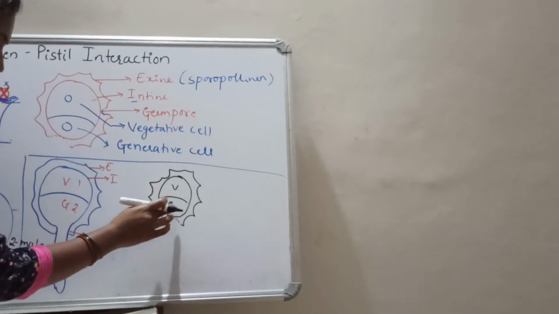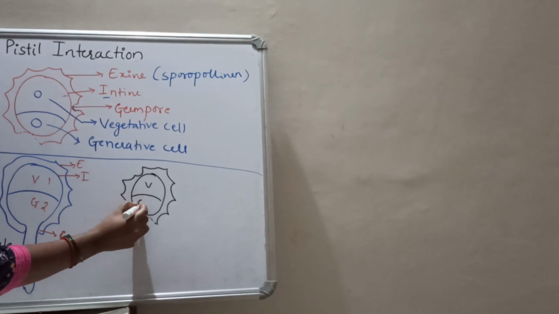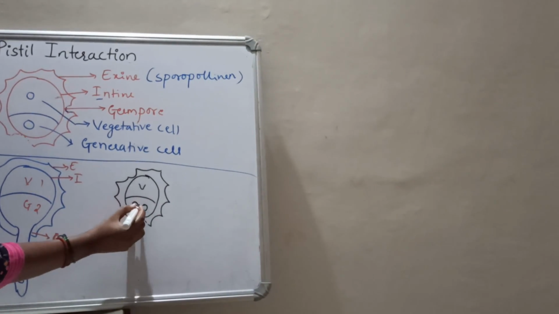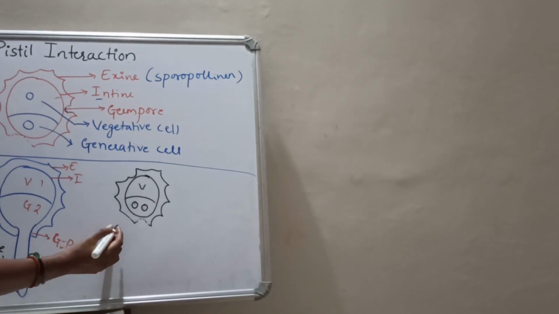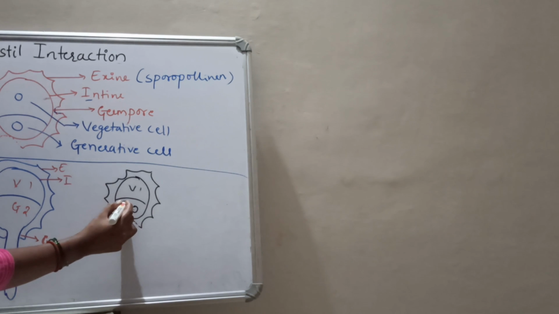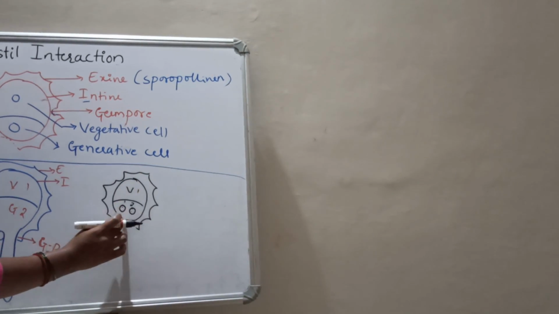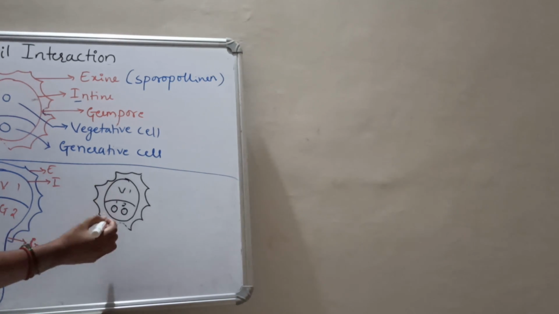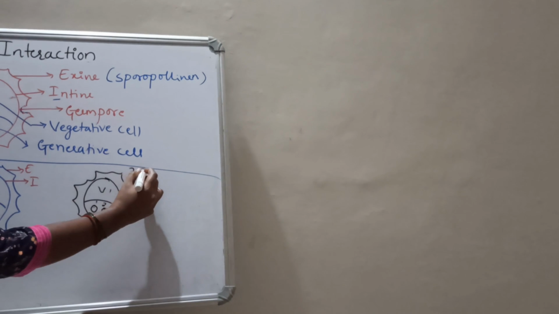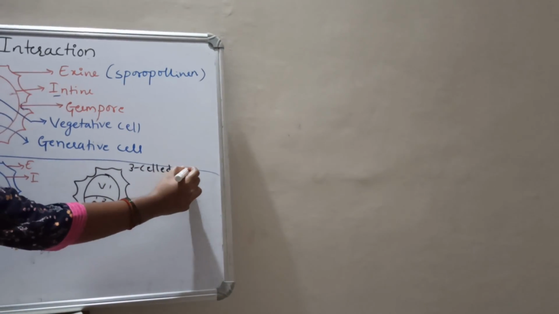In the three-celled grain, the generative cell has already divided by mitotic division to produce the two male gametes. The vegetative cell is one cell and the two male gametes are two cells. Totally the pollen grain has three cells. Some plants release the pollen grains in the three-celled stage.